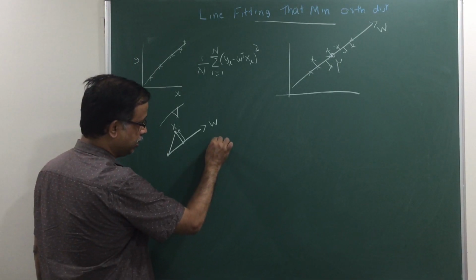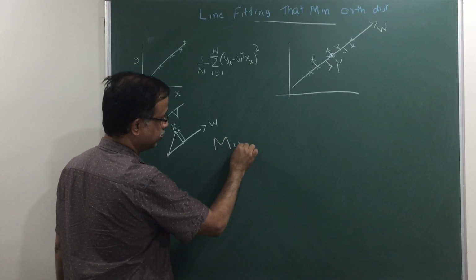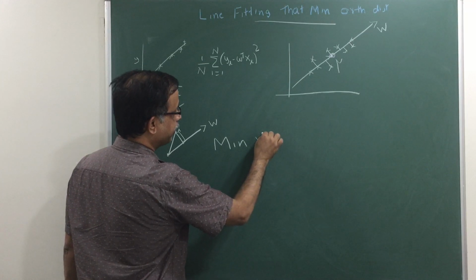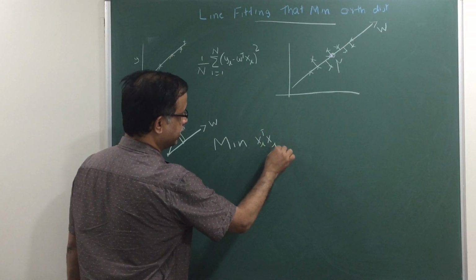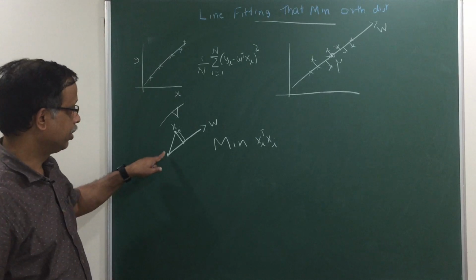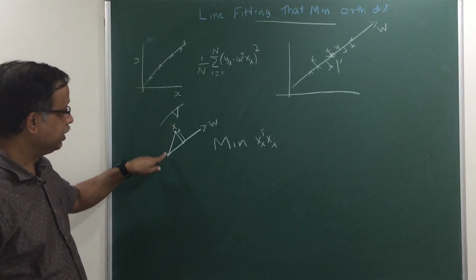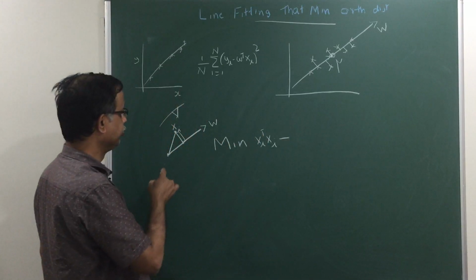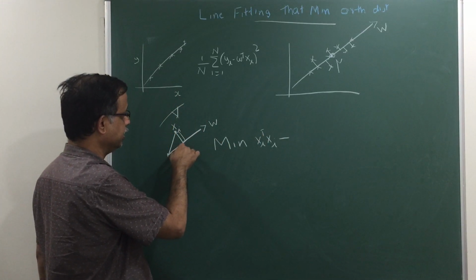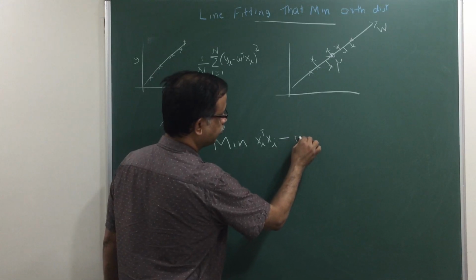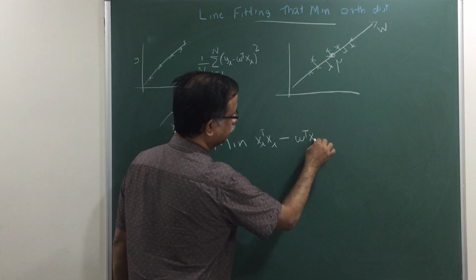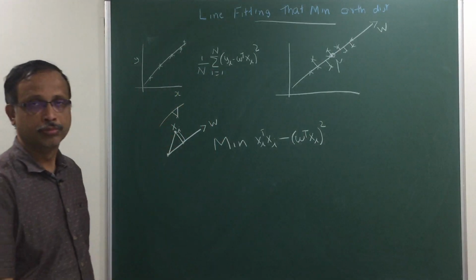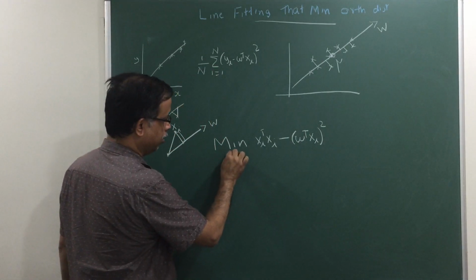This is nothing but minimize xi transpose xi, the square of this distance, the hypotenuse, minus the square of this distance, minimized over w.